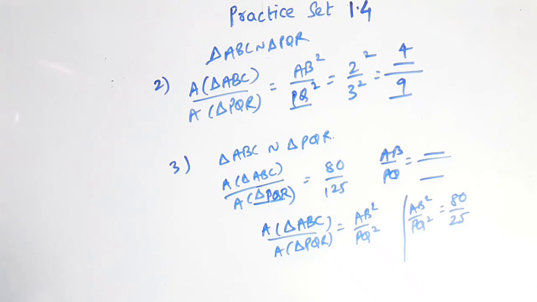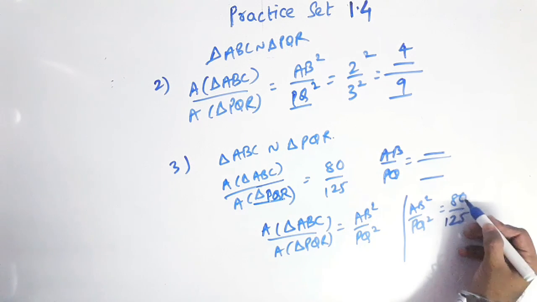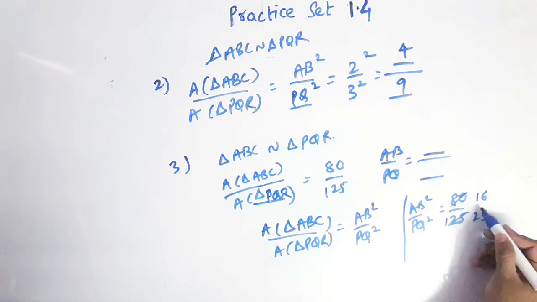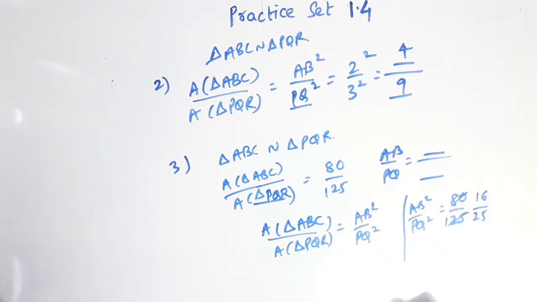You can see here, this is 125. So if I cancel this, this will become 16 and 25. Yes or no? So now we are here where AB square is this, PQ square is this.